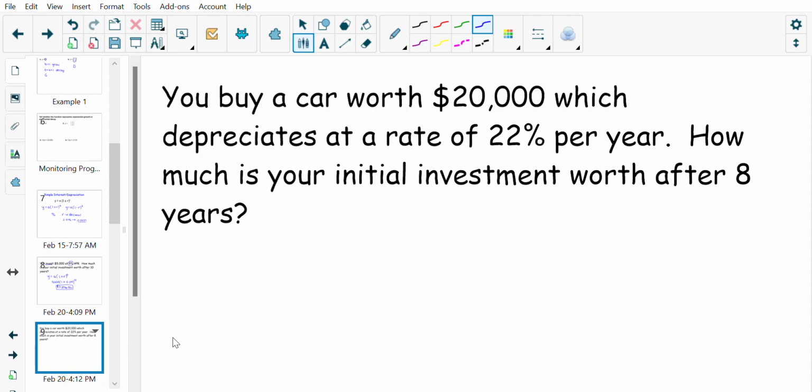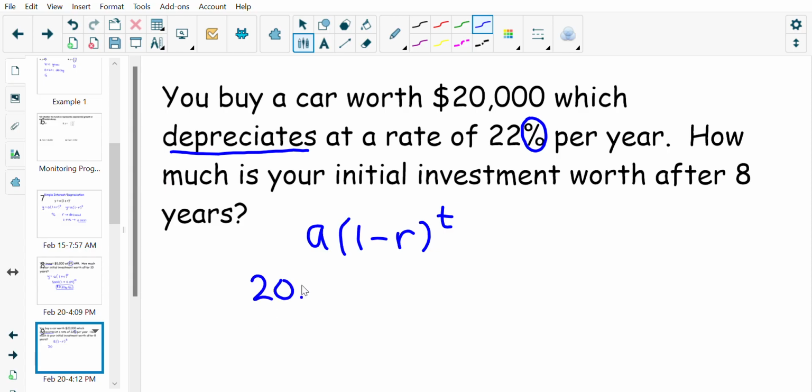So that's an addition problem. For a subtraction problem, when we buy a car, remember our value depreciates, which means the value of the car goes down. So again, we see that percent, and so we know that we have to use that formula, but because it's depreciating, we're going to subtract our r value instead of add it. So we start with 20,000. And then we have 1 minus 0.22 as our rate, after 8 years.